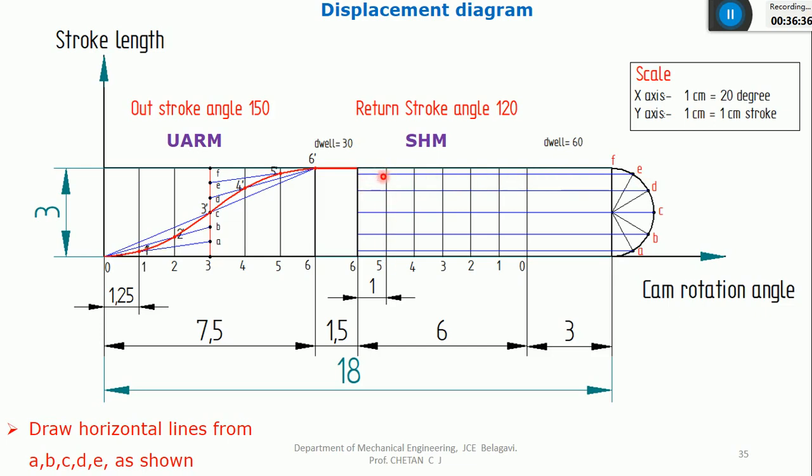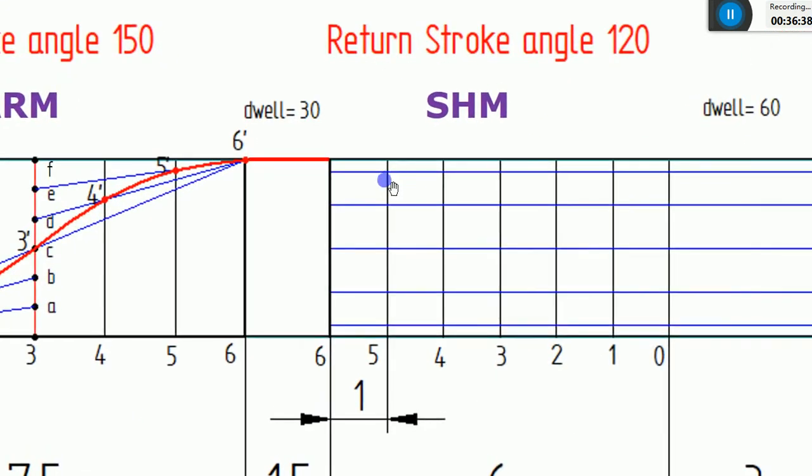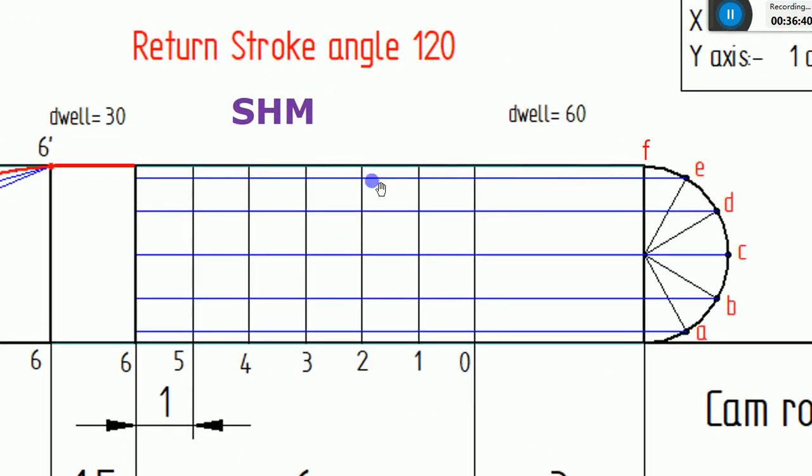So this will be the intersection between the horizontal line coming from point E and the 5th vertical line. Obviously the first reference point will be 6 dash, because I have to continue from here.